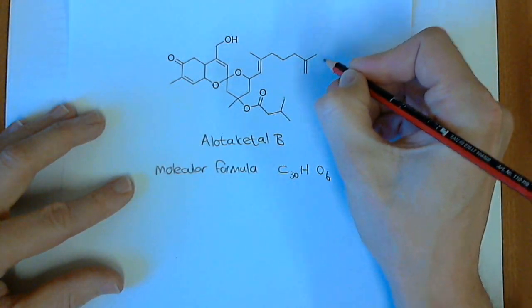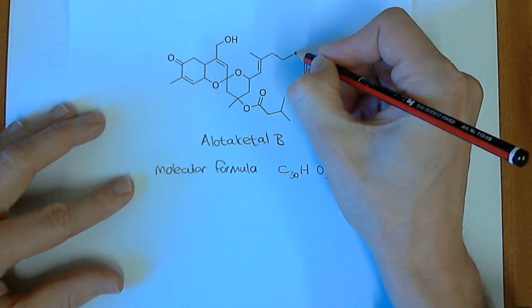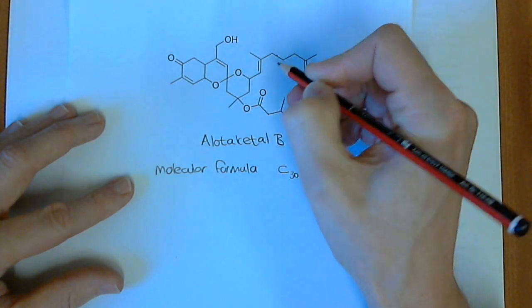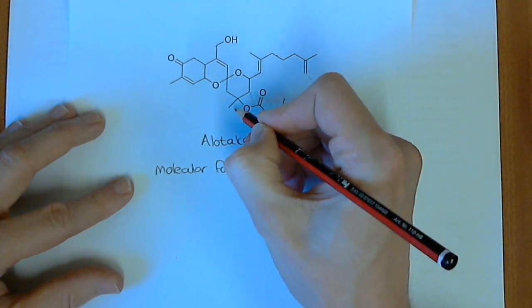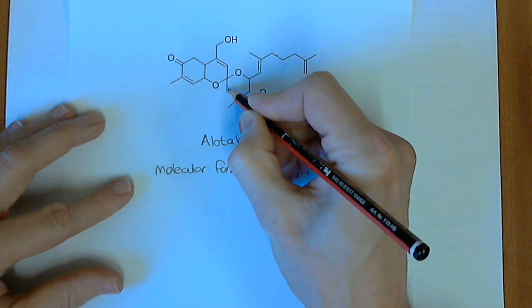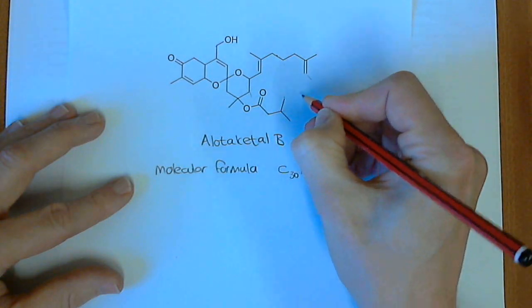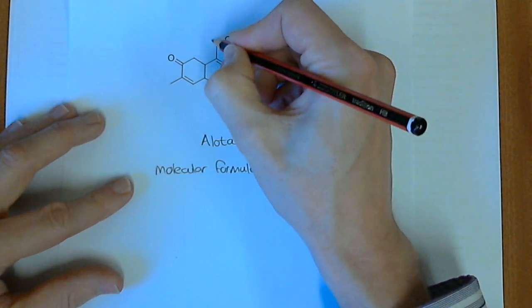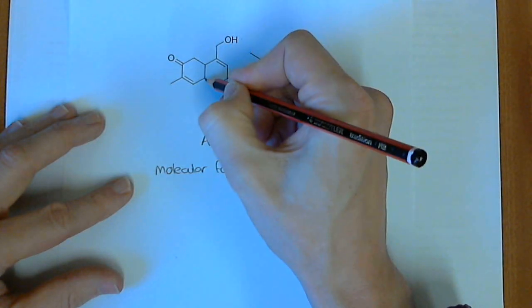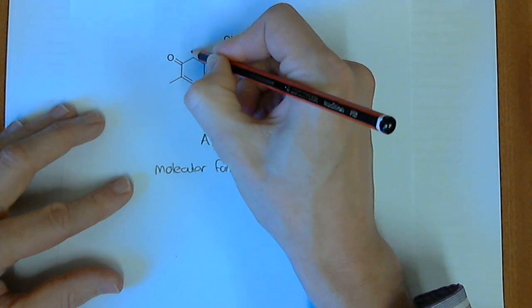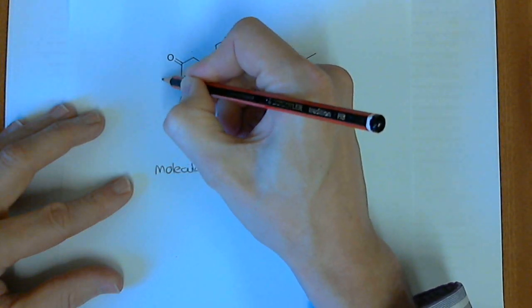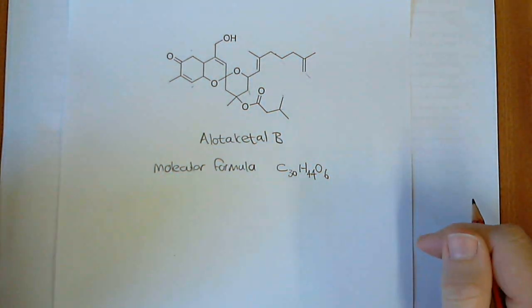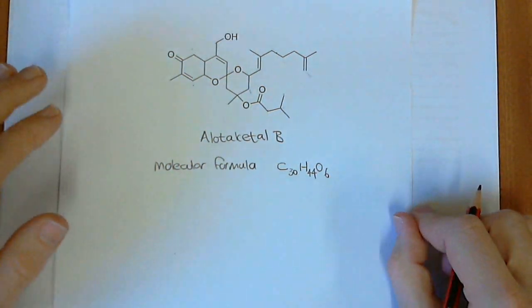Now the hydrogens: 3 hydrogens there, 4, 5, and so on, up to 44. All right, I'm pretty sure I've made a mistake. In your test and exam, you're going to have to look very carefully and double check all your work.